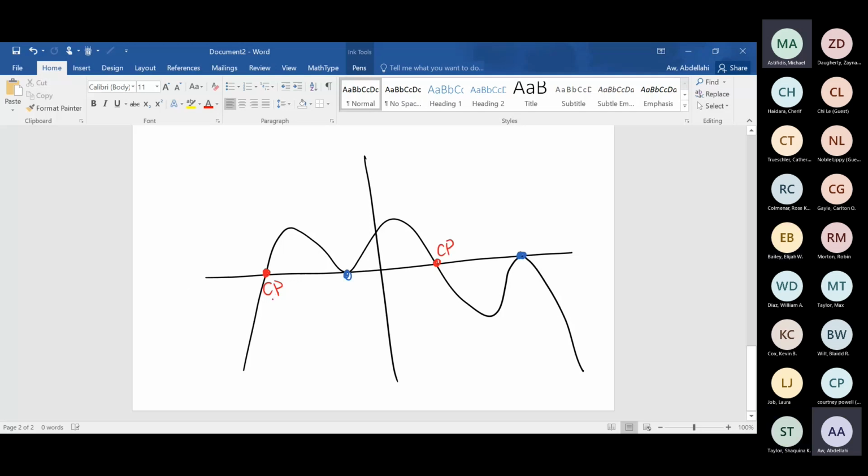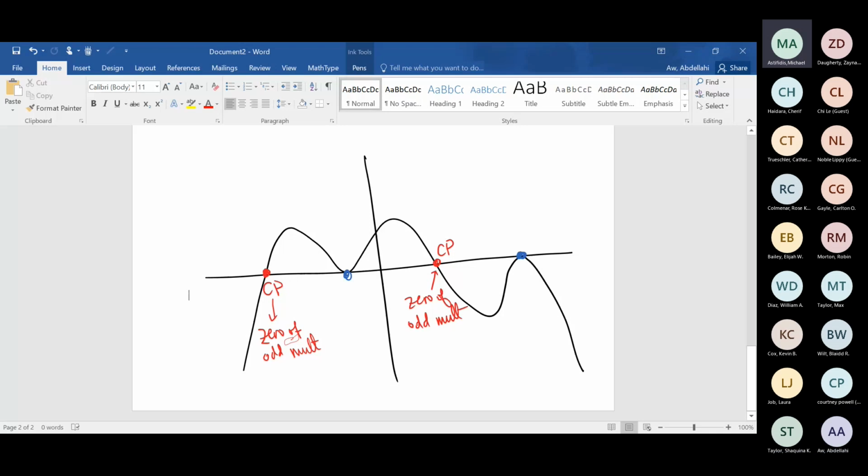This is a 0 of odd multiplicity, right? Which means the multiplicity can be 1, can be 3, can be 5, etc. This is a 0 of odd multiplicity.